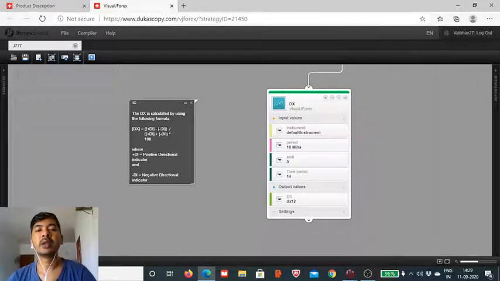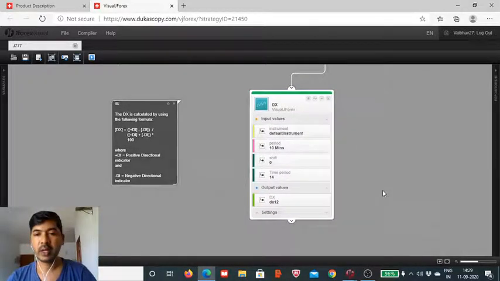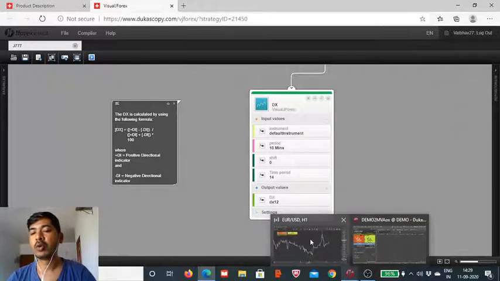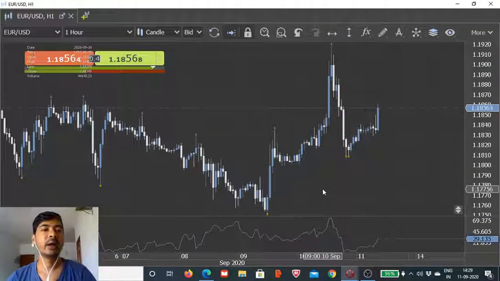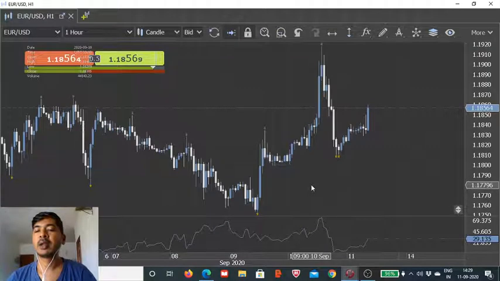We take the ratio of the difference: we subtract the negative directional indicator from the positive directional indicator, divide the difference by the sum of these two values, and multiply it by 100. So we get a value, a ratio you can say, which will range from 0 to 100.